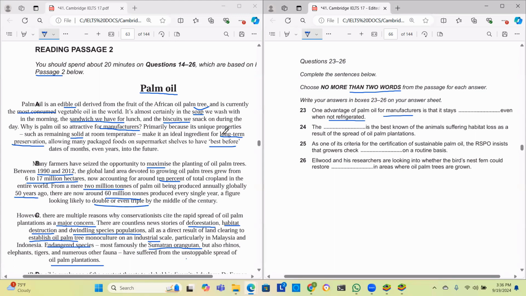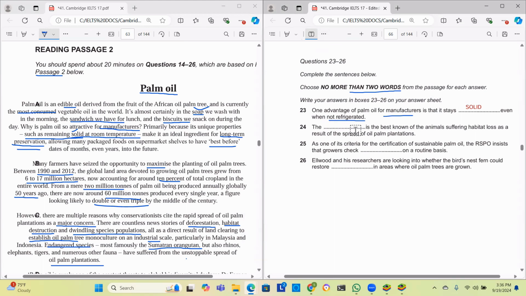Primarily because of its unique properties, such as remaining solid at room temperature, making it an ideal ingredient for long-term preservation. Preservation means refrigerating. So it stays solid at room temperature, which means there is no requirement for refrigerating. Even when not refrigerated, it stays solid, right? So our answer should be solid.